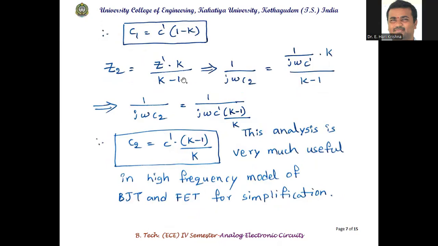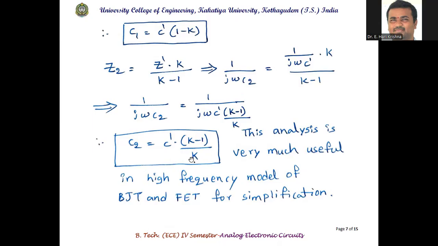Similarly, in the Z2 equation, Z2 is equal to Z dash into K by K minus 1. Substituting 1 by j omega C2 for Z2 and Z dash, and making the substitutions and simplification, C2 is equal to C dash into K minus 1 by K.